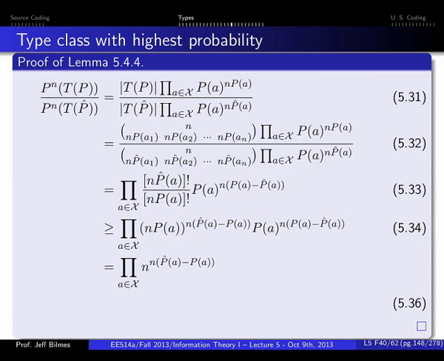And a lot of this stuff cancels out because we've got p_a to the power, like this, and this cancels out with all of this, and what we're left with is the additional factor n raised to the n times p hat a minus p. So we're left with this bit. Everything else, all that yellow stuff, cancels out.